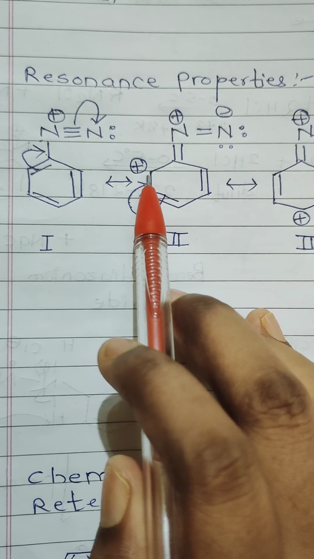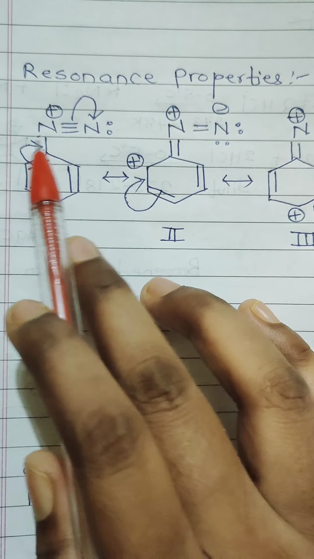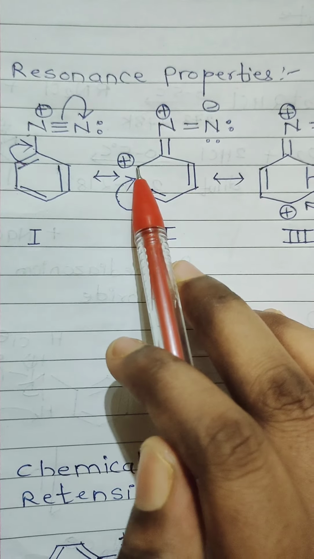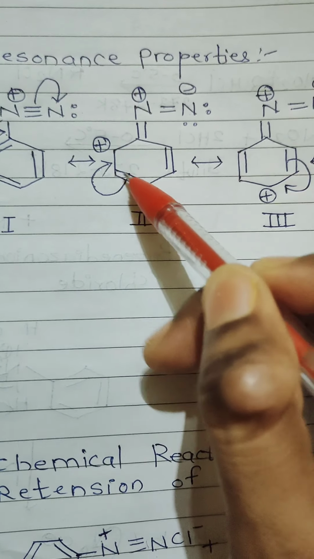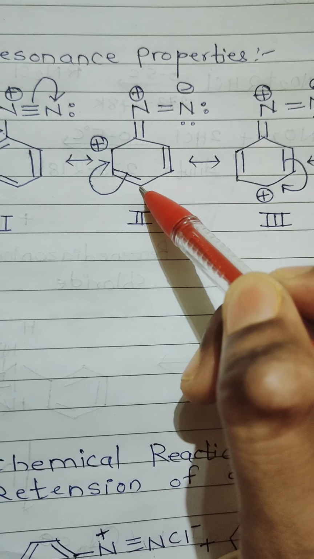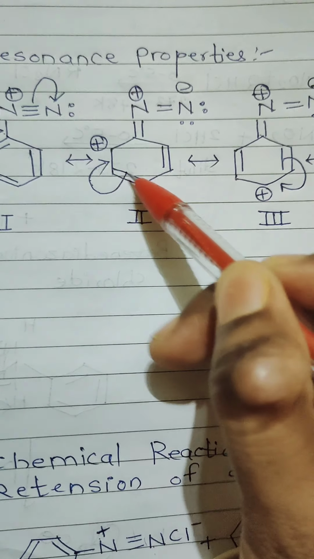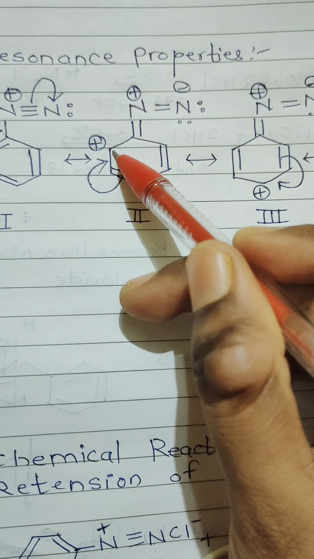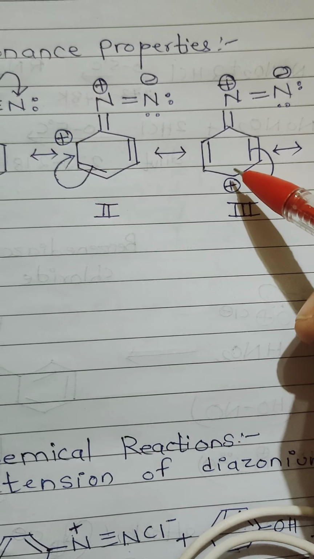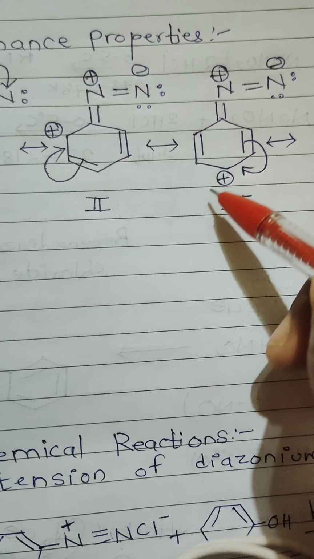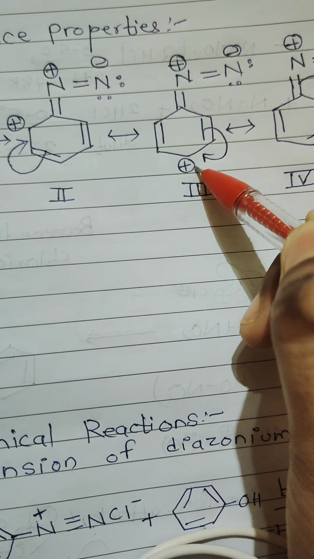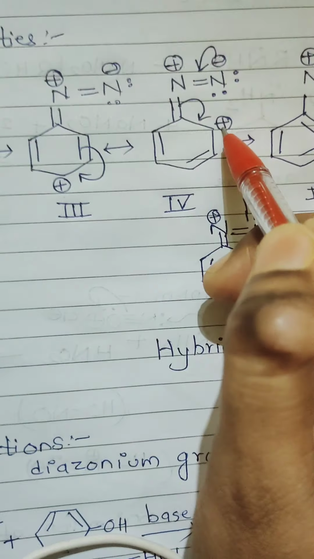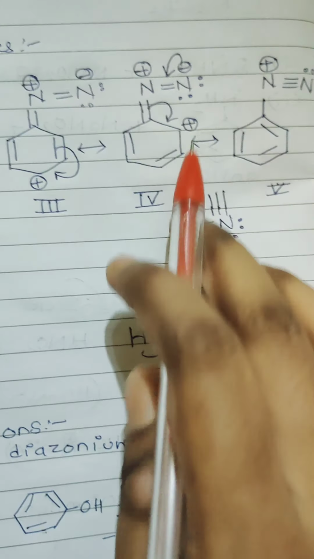Here due to the transfer of electrons, this carbon gets positive charge, and to neutralize it, the adjacent bond will be shifted towards itself. Similarly, in this manner we'll get the shifting. Here positive charge is created in the third structure, and this bond will be shifted here, and we'll get again one positive charge, this is the fourth structure.